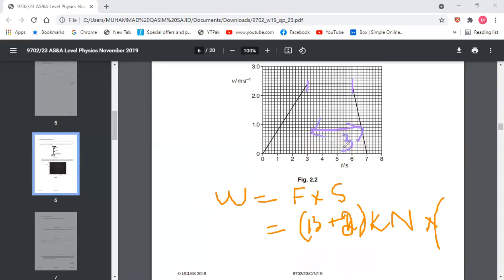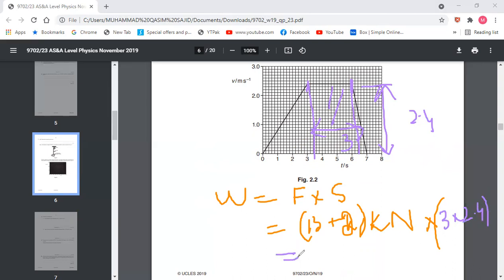Horizontal is 3 and the vertical is 2.4. The distance depends on the area, as you know. This is a rectangular cross section, so area equals length into width. So 3 multiplied by 2.4. Is this clear or not?